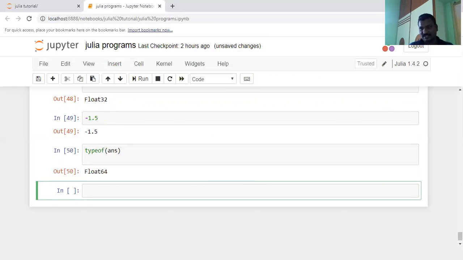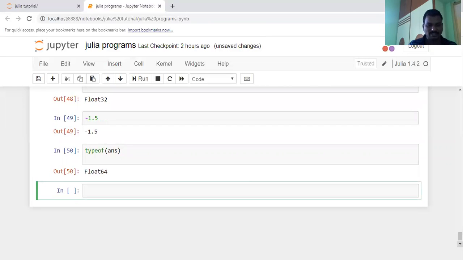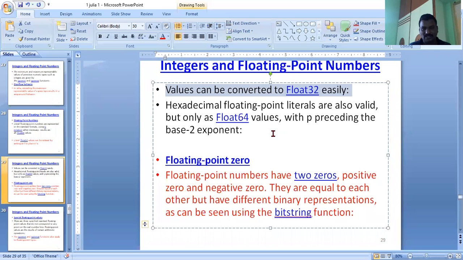Instead of 64, if you write float 32 of x, float 32 of minus 1.5, that answer is a float 32. That's a way of representing the float 32 answer here.